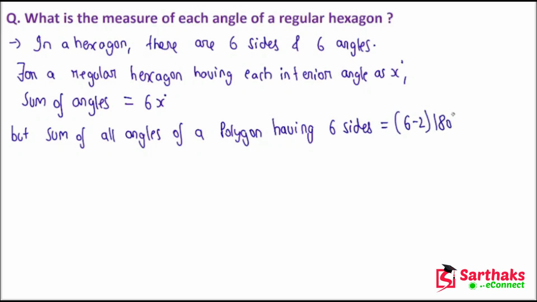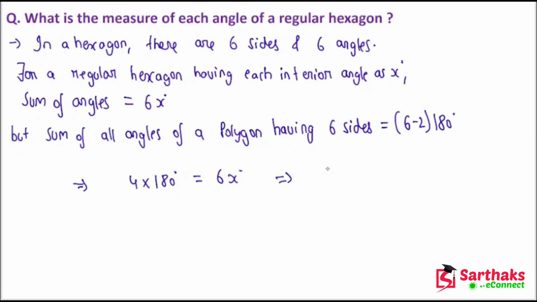Now that has come from the formula, and the other has come from our logic, right? Both are true. So 6 minus 2 is 4, so 4 into 180 degree is nothing but 6x degree. Because if your measure is x, then the sum is actually 6x, x plus x, 6 times. And according to the formula, the sum should be 4 into 180 degree.